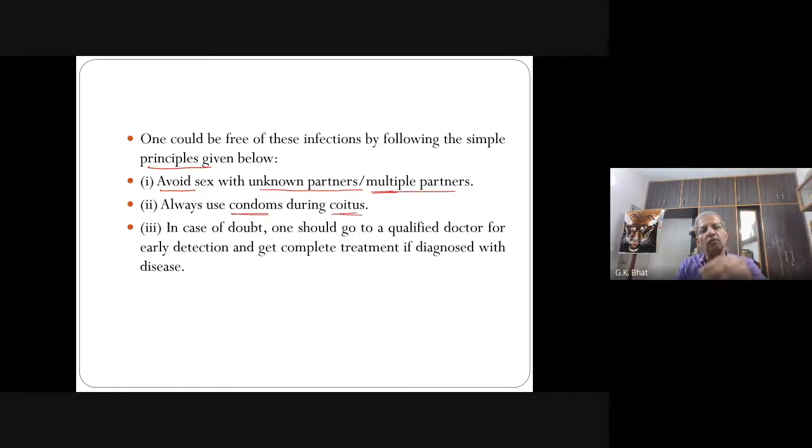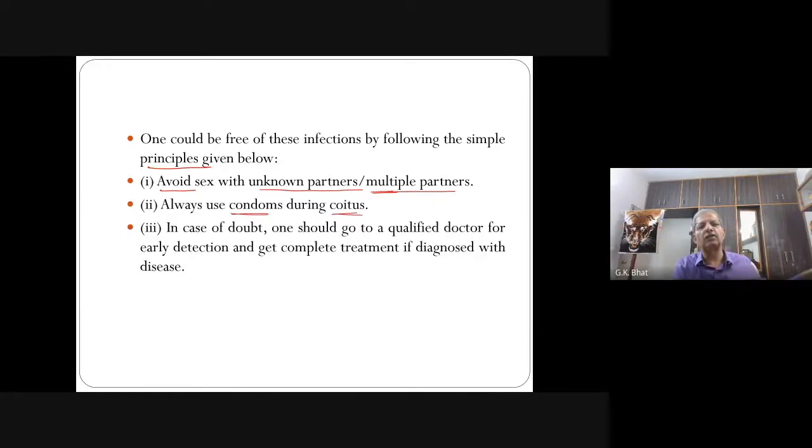Suppose there is some manufacturing defect in the condom. Can you go to the court? Who will keep the condom with them? Because this will be known after a few months or after a few days.